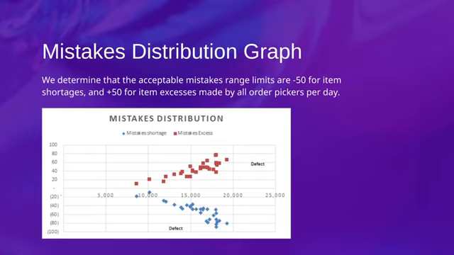We have set our limits for the ranges of mistakes: minus 50 for item shortages and plus 50 for item excesses. Any mistakes in this range will be acceptable, as long as the laborers do not make shortage mistakes above 50 or excess mistakes above 50.